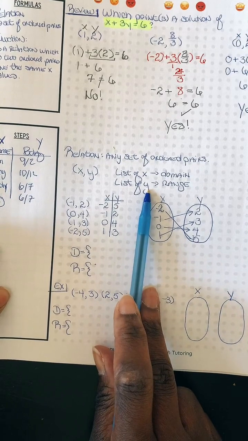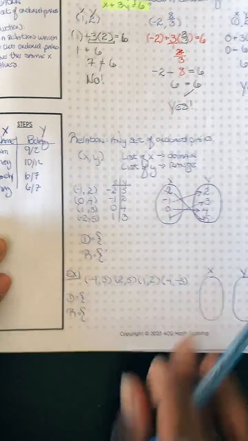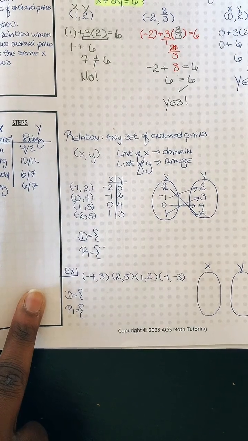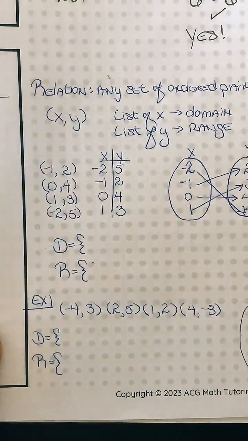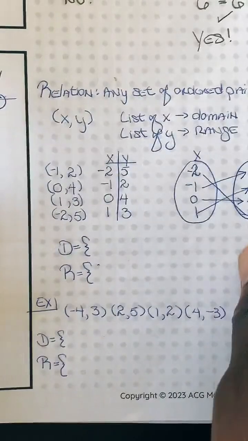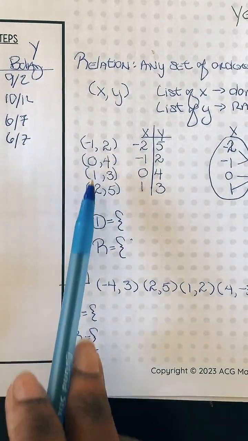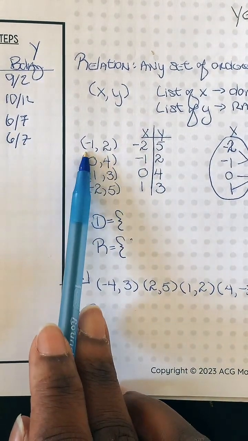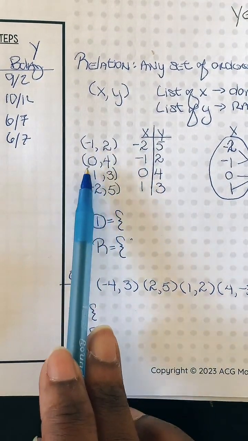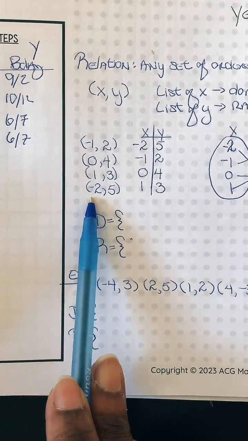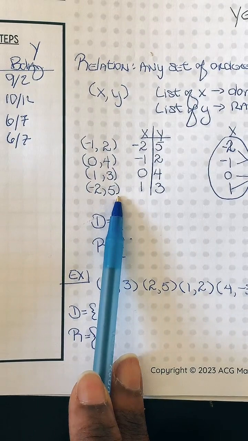So if I take a look, I'm going to try to zoom in as best I can. My zoom is just all kinds of crazy. There we go. We'll just work on one section at a time. So if I look at my ordered pairs, I have (-1, 2), (0, 4), (1, 3), and (-2, 5).